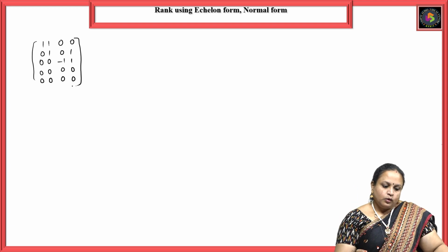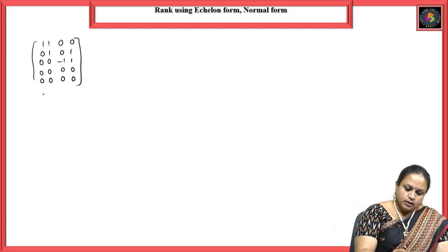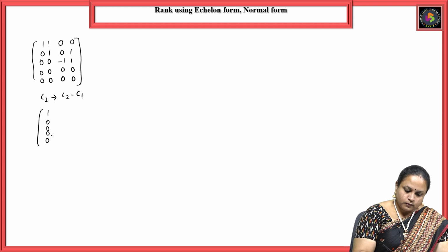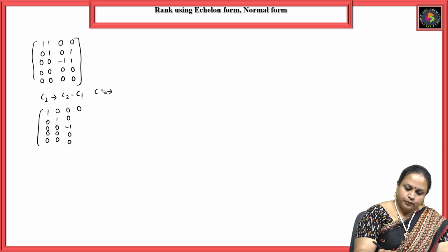Now let us make them zeros. C2 implies C2 minus C1, giving 0, 1, 0, 0, 0, 0, 0, minus 1, 0, 0, 0. Afterwards we will do one more operation.